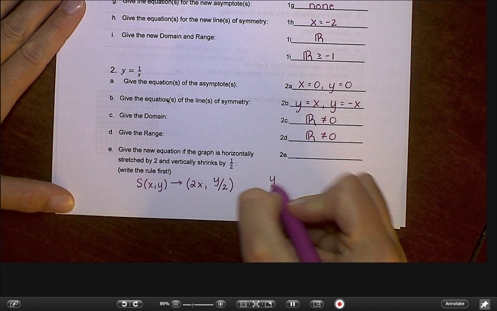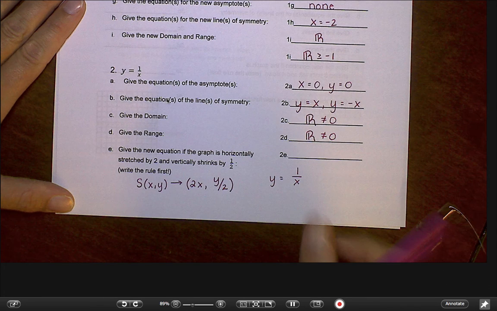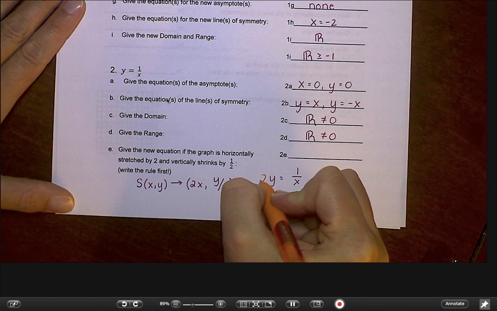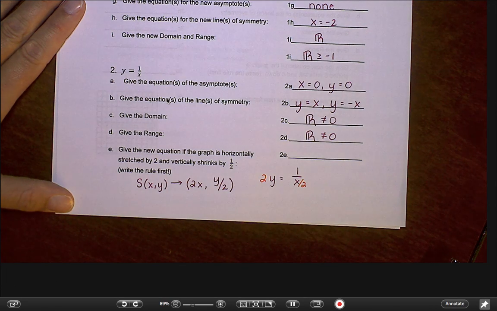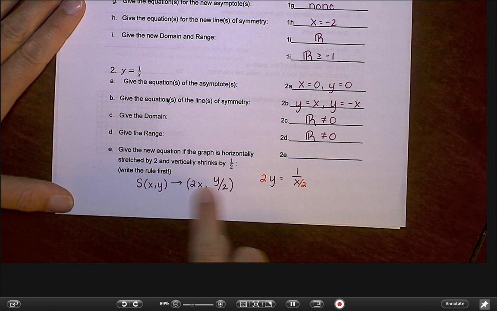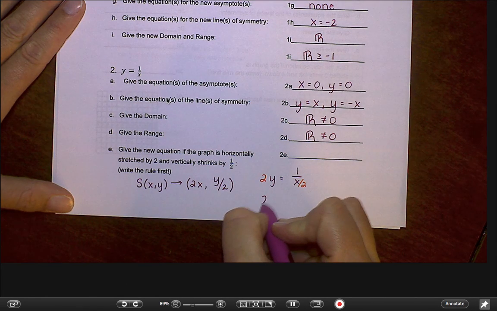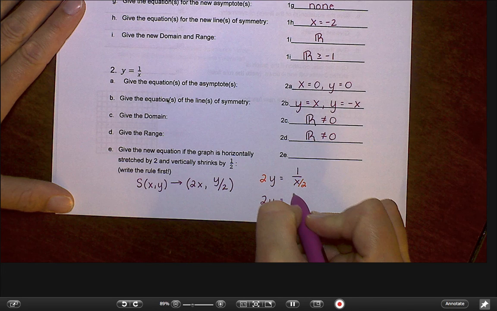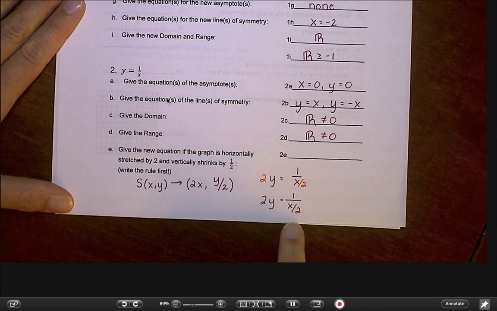Here's my original function. I want to multiply the y by 2, and I want to divide the x by 2. So again, opposite of what you're seeing here. So really this equation would look like 2y equals 1 over x over 2, which quite honestly is a little gross to me.